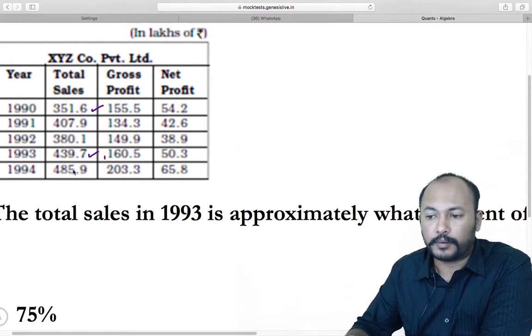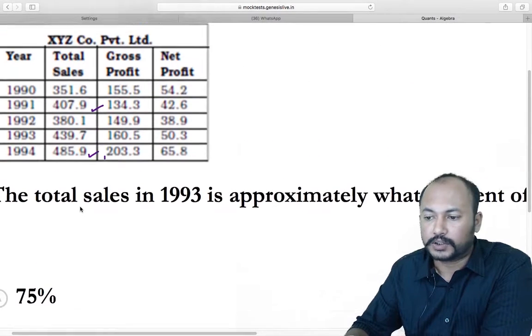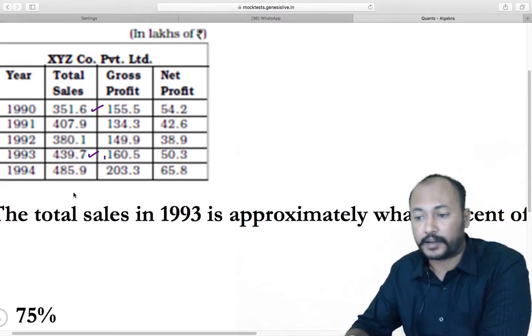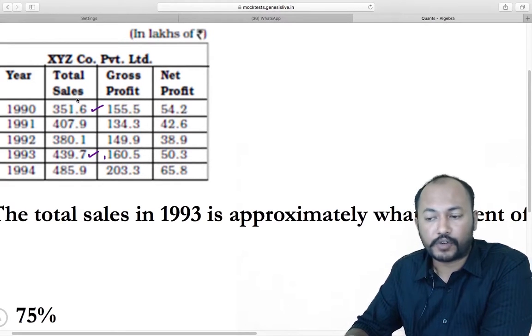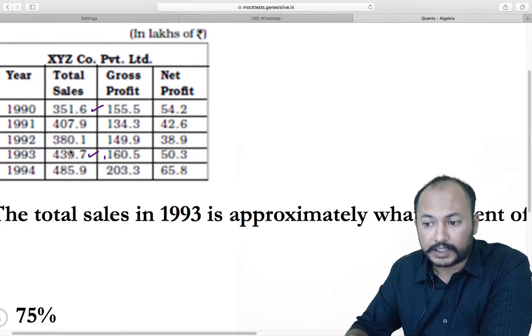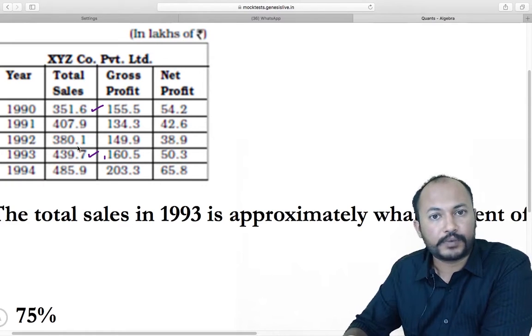In the options, only two are relevant, which are more than 100%: 110 or 125. I want to check with 110. If it has to be 110, then 351 plus 10% of 351 must be equal to 439.7. But 10% of 351 is 35, so 351 plus 35 is less than 400, and I need not even calculate. But this value is more than 400. So the option has to be the other one, that is 125%.